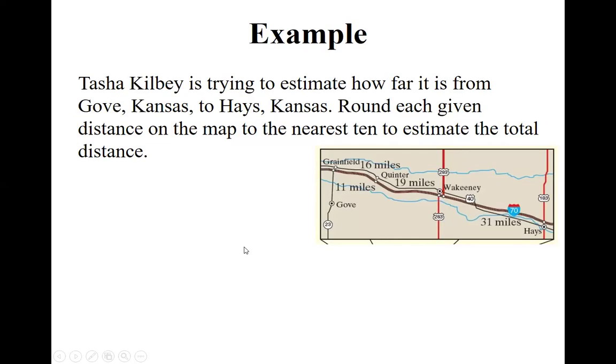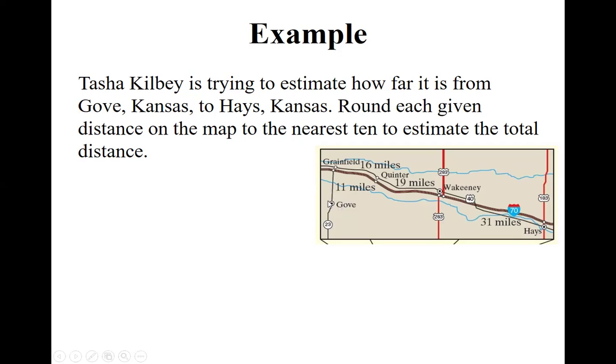Tasha Kilby is trying to estimate how far it is from Gove, Kansas to Hayes, Kansas. Round each given distance on the map to the nearest 10 to estimate the total. So we start in Gove.